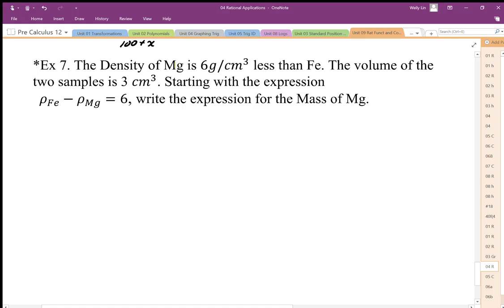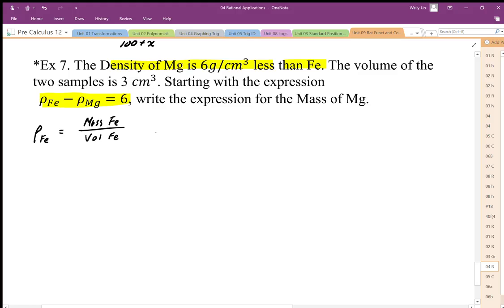So the density of magnesium is 6 grams per cubic centimeter less than iron, and it's going to look like that. And so what we want to do is write the expression for the mass of magnesium. Okay, so we're first going to start with the density of iron. So the density of iron is going to be the mass of iron divided by the volume of iron.